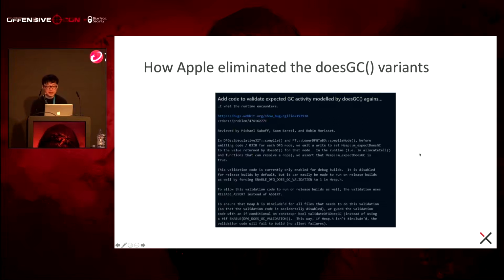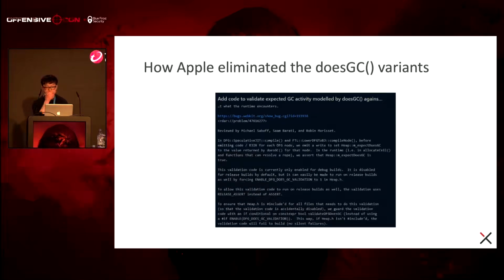And here's how Apple tried to eliminate this entire class of bugs. It would take too long to explain exactly how it works, but they placed asserts that check if the does GC function and the allocations happening inside the JIT code are correctly modeled, and that it matches what the JIT is assuming.